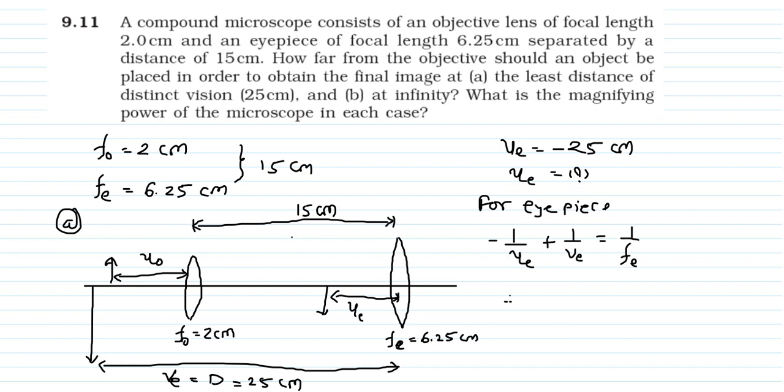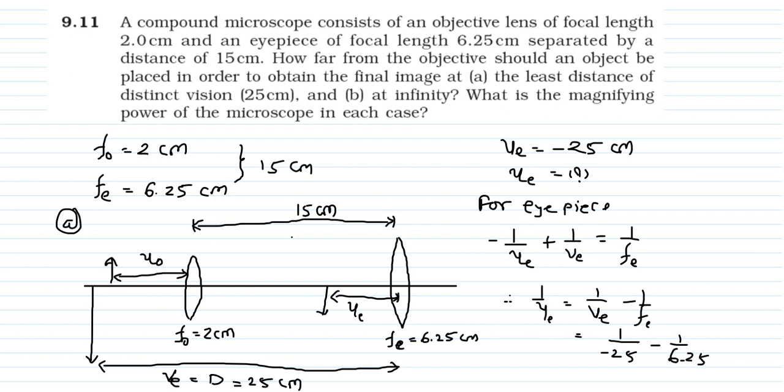Therefore 1 upon UE is equal to 1 upon VE minus 1 upon FE, that is equal to 1 upon, what is the VE, that is minus 25, wait, V is minus 25, ओके, माइनस साइन नहीं होगी यहाँ पर, सो माइनस एक ही होगी, that is -1 upon 25 minus 1 upon 6.25.